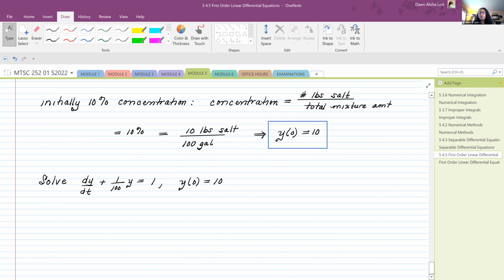Step 1, get P and Q. Actually, we're going to use t for this problem. Remember, I told you a lot of times we'll use t when it's time. So P of t is equal to what? 1/100. And then Q of t is 1.